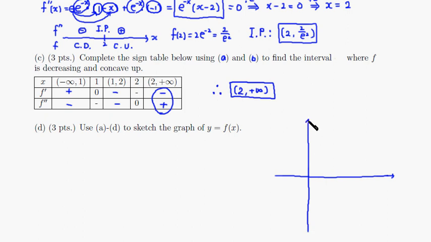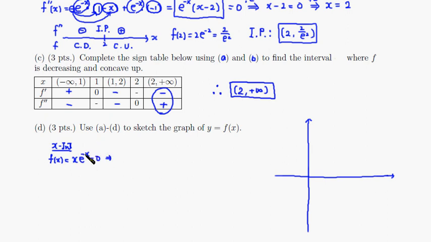Let's try to find the x-intercept, then the y-intercept. If you want to find the x-intercept, we set y equal to 0. So we set f of x, which is x e to the negative x, equal to 0.